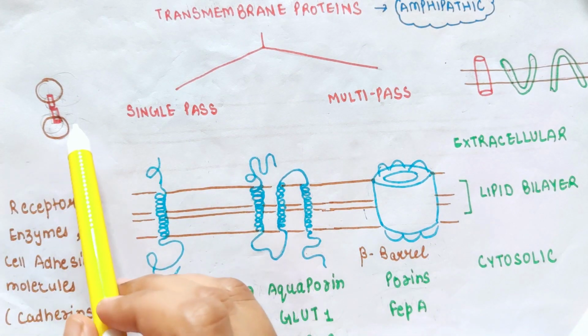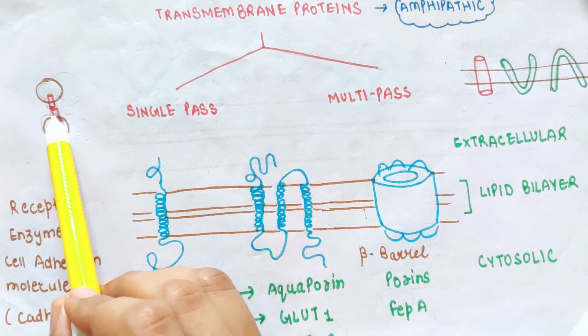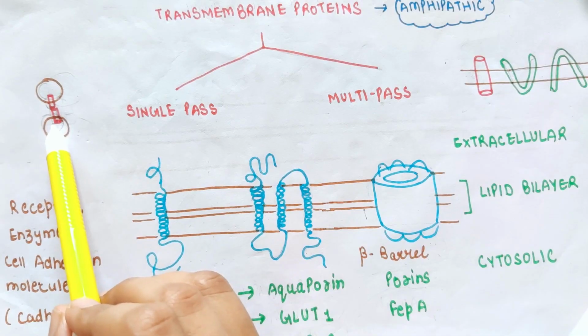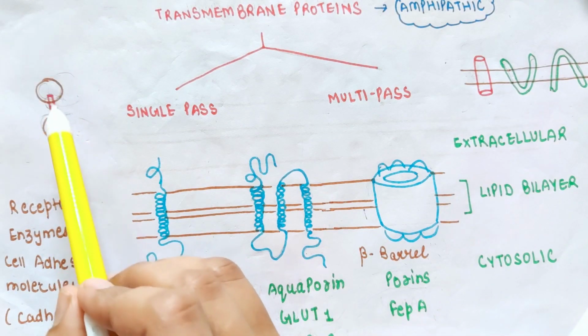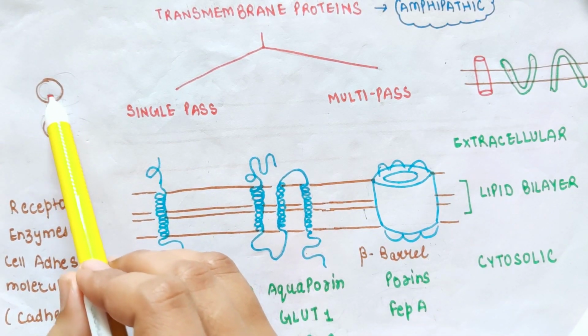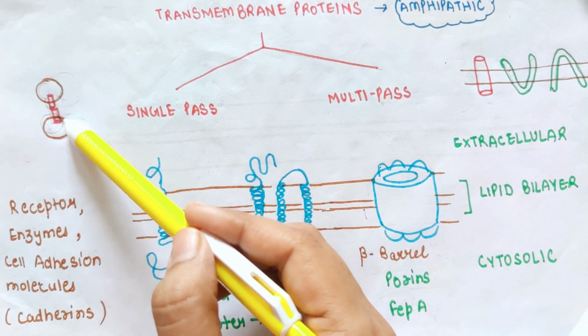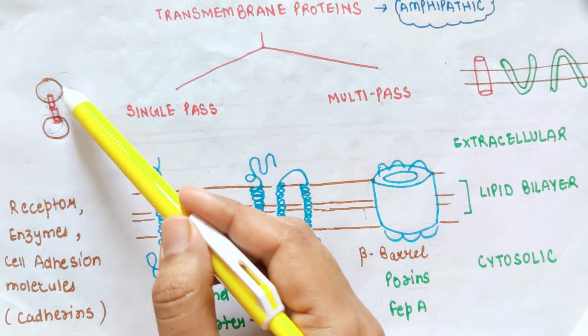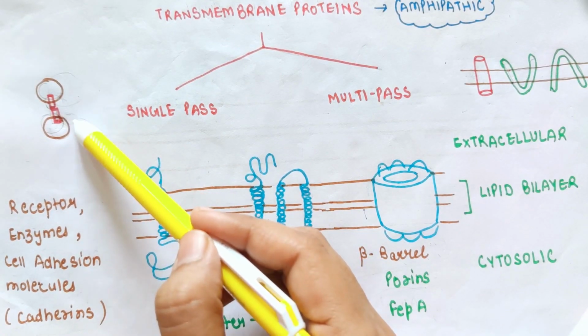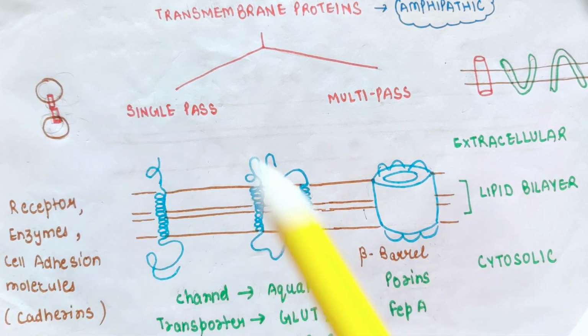For example, here you can see that this is one cell and this is a cadherin protein, and this is another cell and this is another cadherin protein. Now these cadherins are involved in cell-cell adhesion, or intercellular joining of two cells, right?